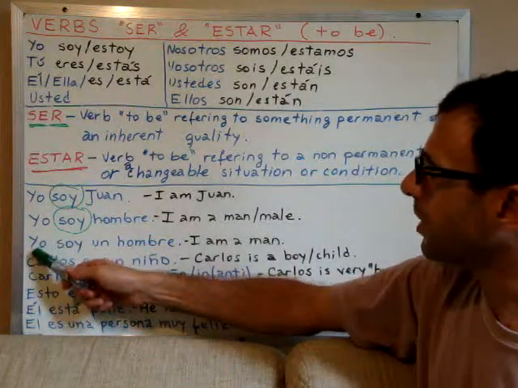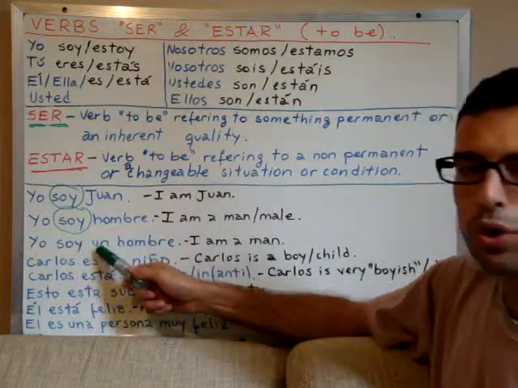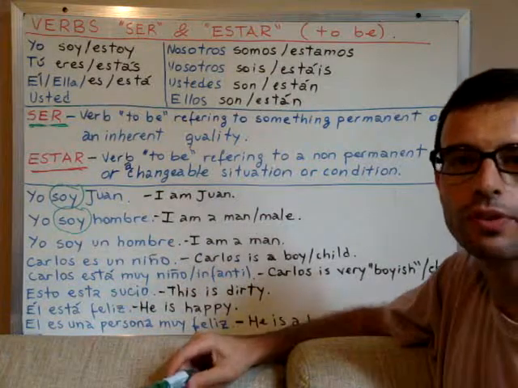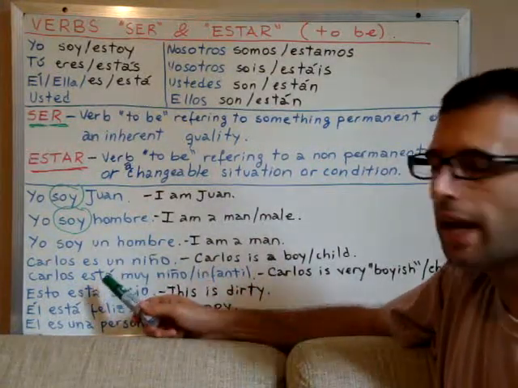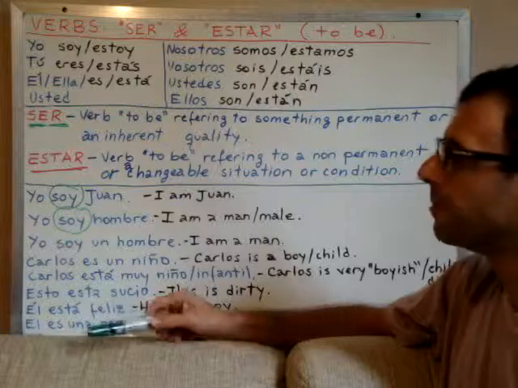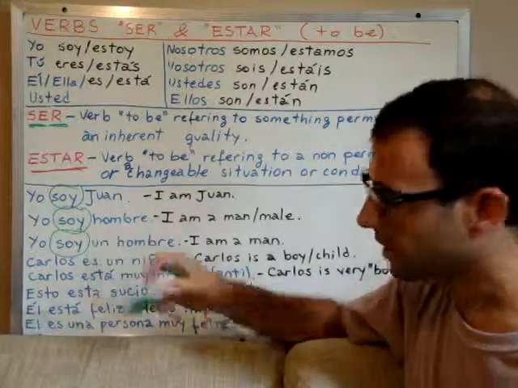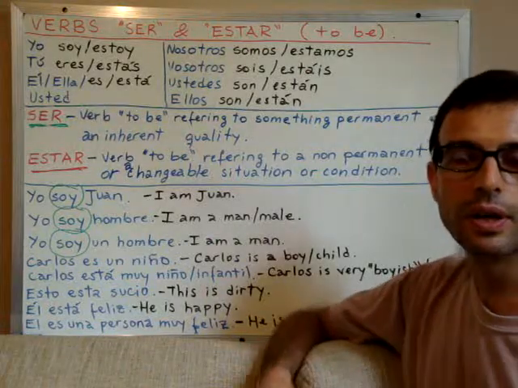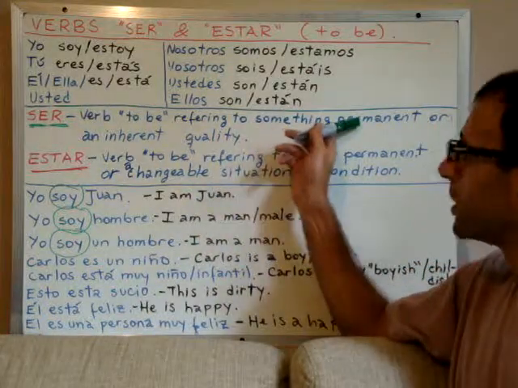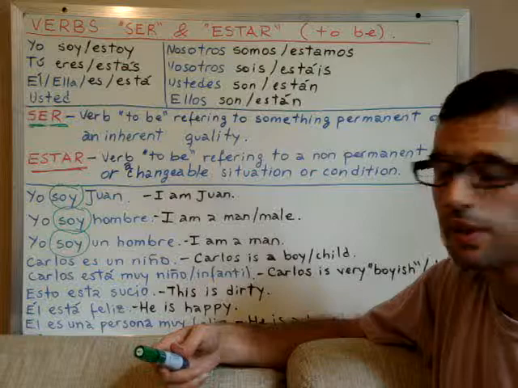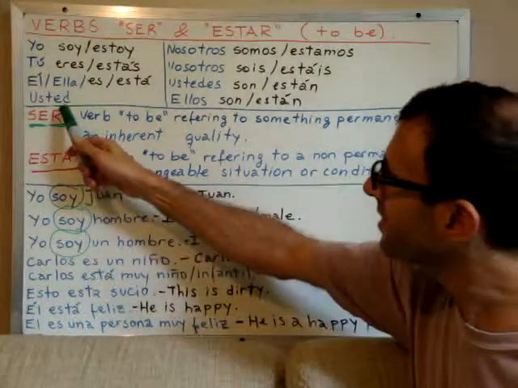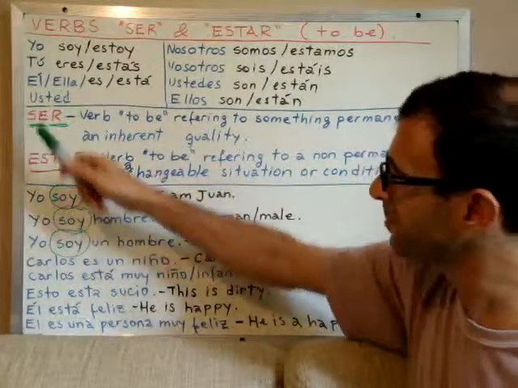Here we can say yo soy un hombre. This is more specific. It's I am a man, okay? Since manhood is a more or less permanent state or quality, then we use the verb ser, okay?